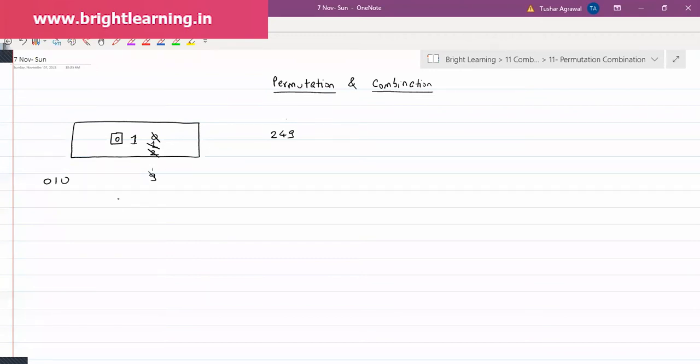Or even if I ask, how many different passwords are possible for a suitcase with a 3-digit numerical lock? How many different codes are possible? You do not have to solve this question now, I'm just giving an example. This type of question we will be dealing with in today's class.